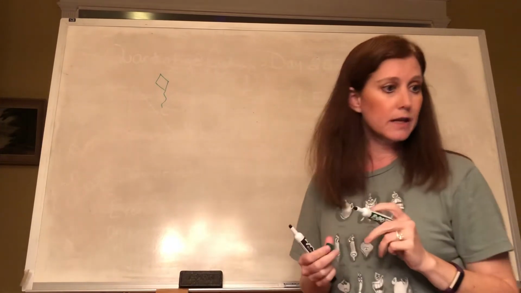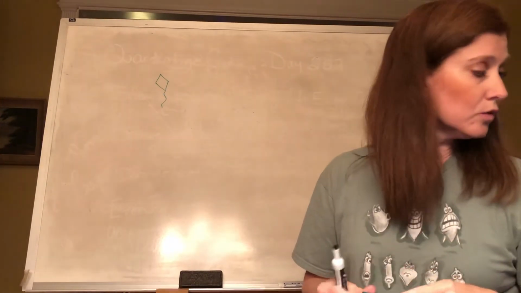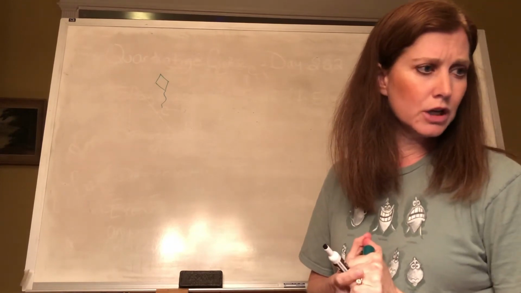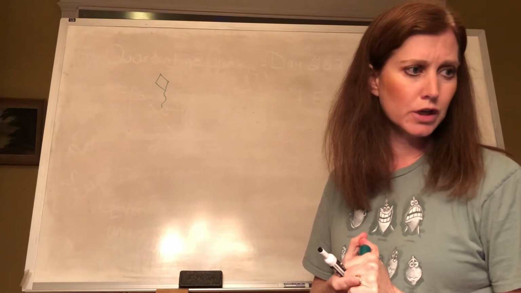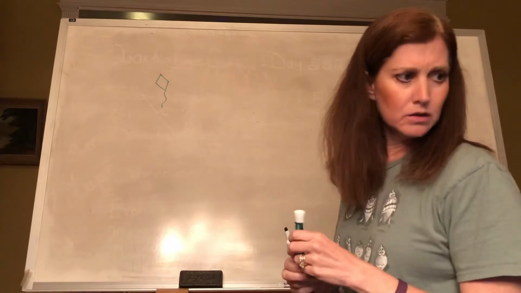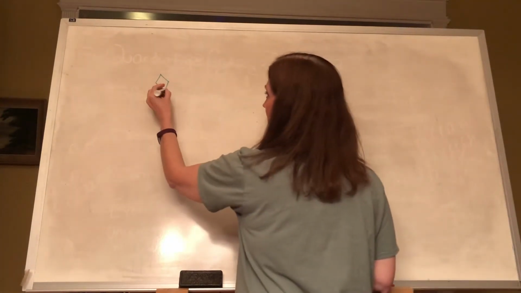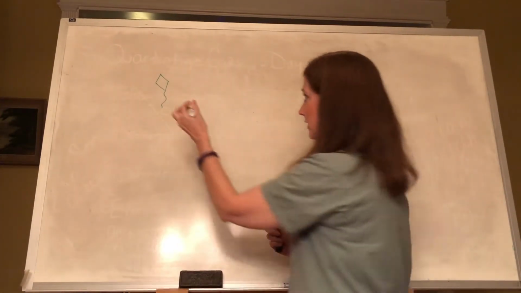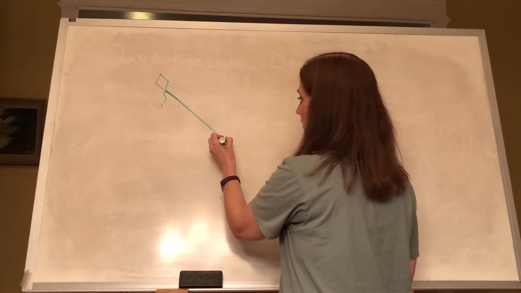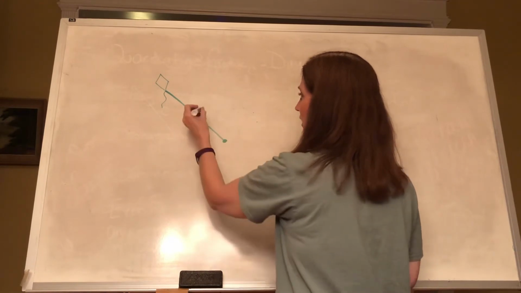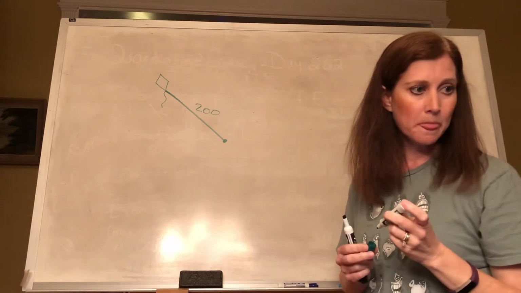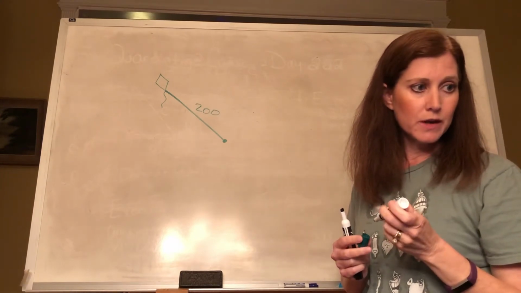We're going to let out 200 feet of string and tie it to a stake. When we fly a kite, we don't fly it straight up and down, we fly it at an angle. So here we're going to tie that to the ground, and we know that that length is 200 feet.